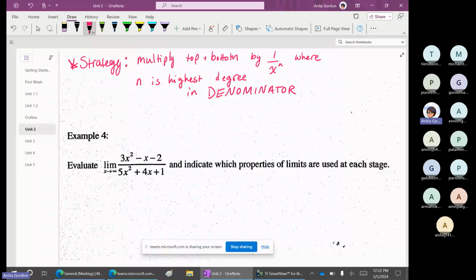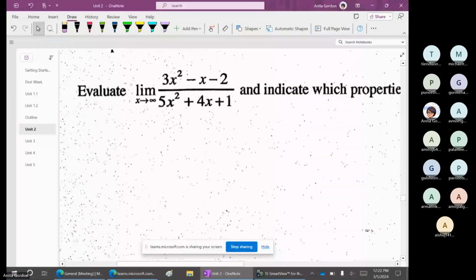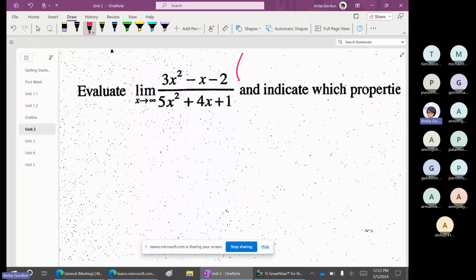So when we have a rational function, we're going to multiply top and bottom by 1 over x to the highest degree in the denominator, and I will show you what that does. So let's take a look here. What is the highest degree in the denominator? 2. So let us multiply the top by 1 over x squared and the bottom by 1 over x squared. This is like saying we're multiplying by 1.